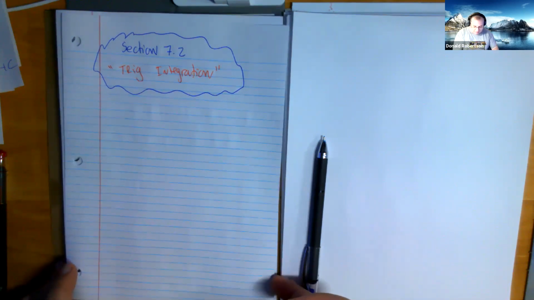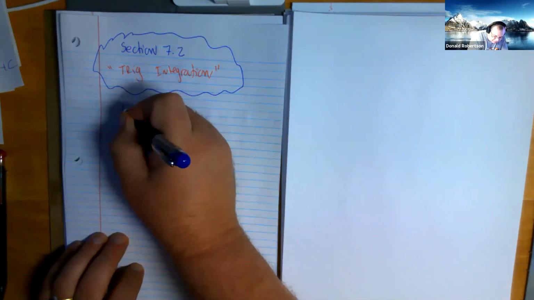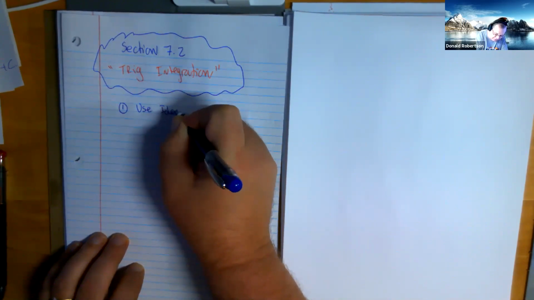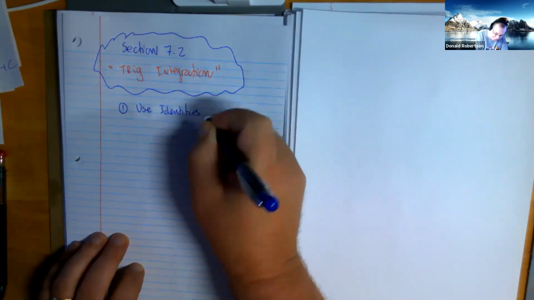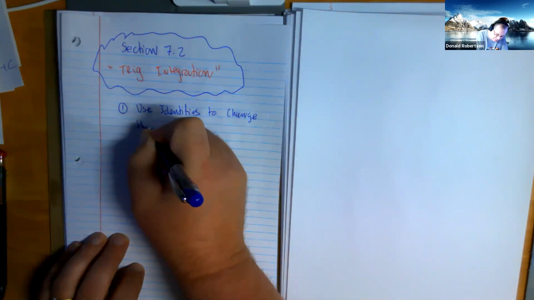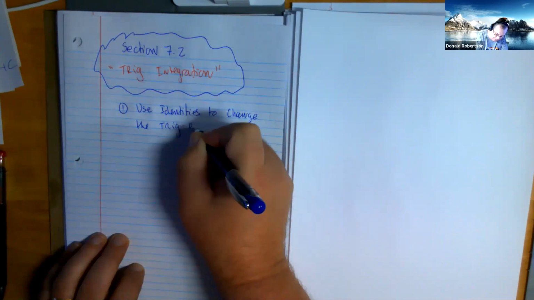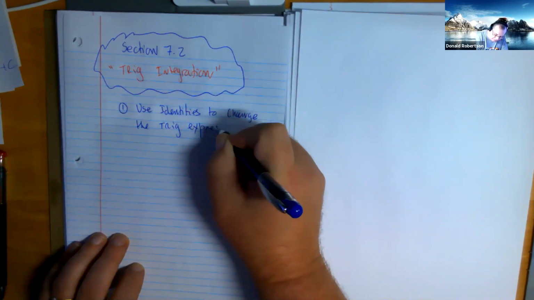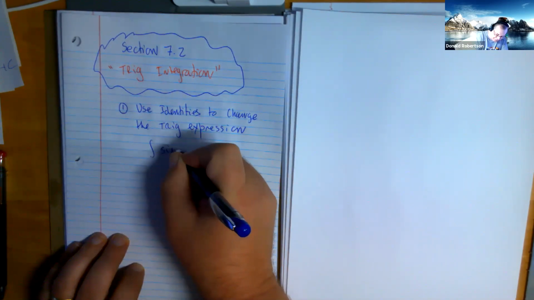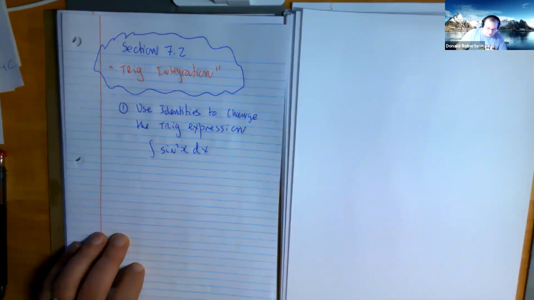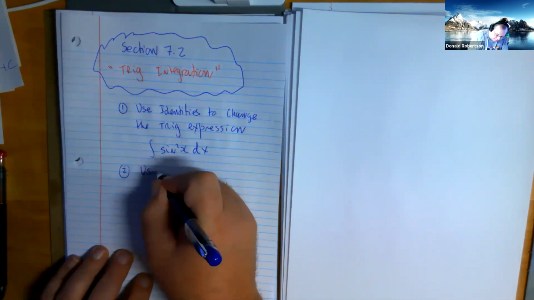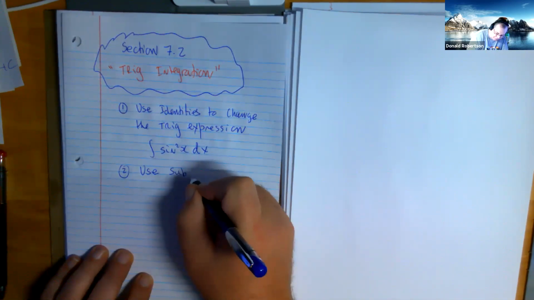Well, there are a number of techniques. First technique is use identities to change the trig expression. And examples of that would be if you have to integrate something like sine squared x. Second very common method, use substitution.